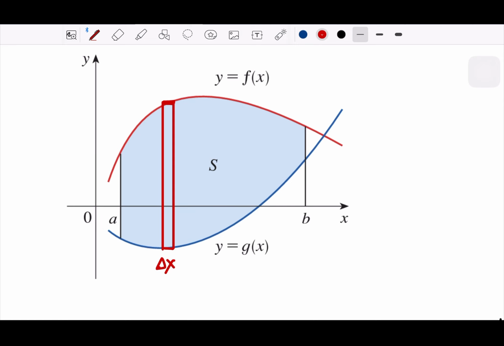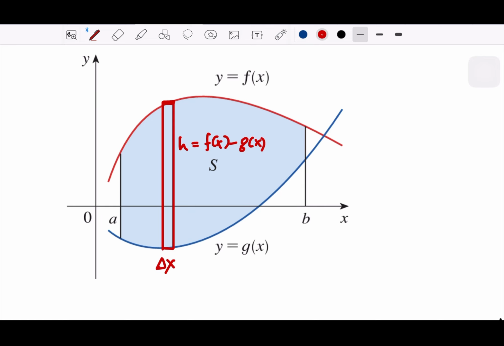Usually the height is the function, f of x. But now we have f of x and then g of x, right? So this height is f of x minus g of x, right?